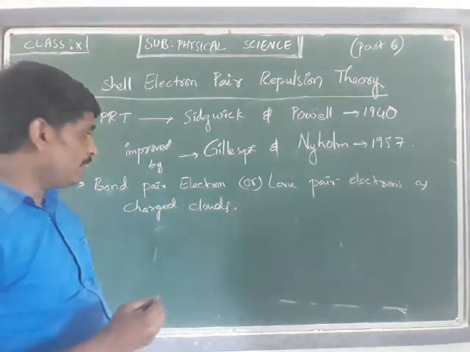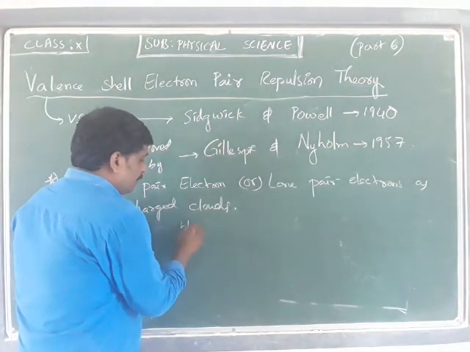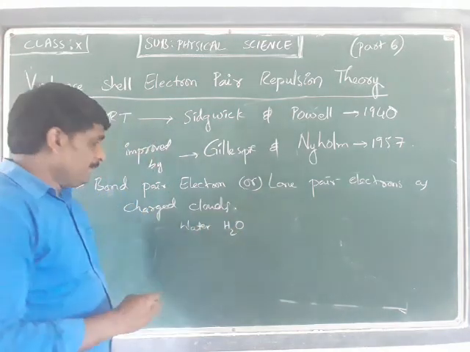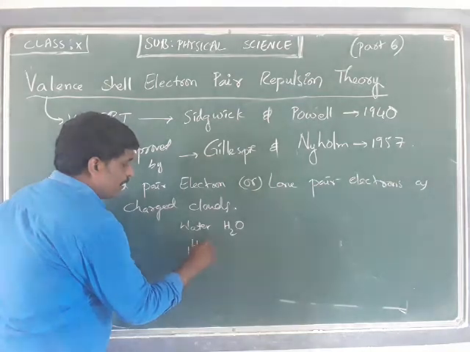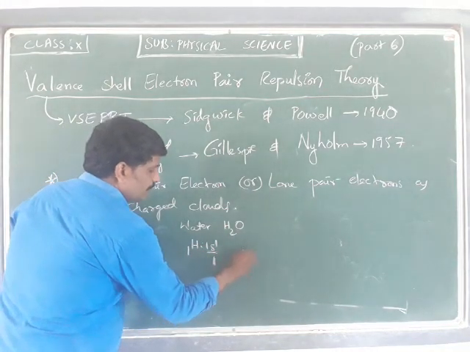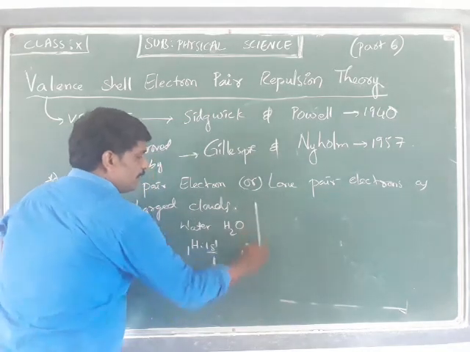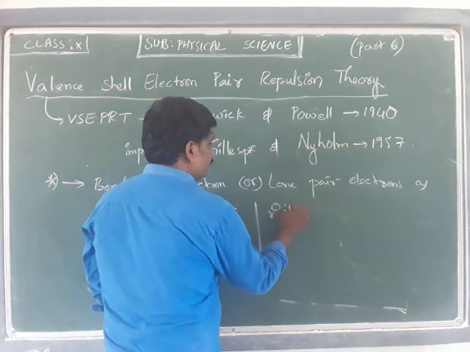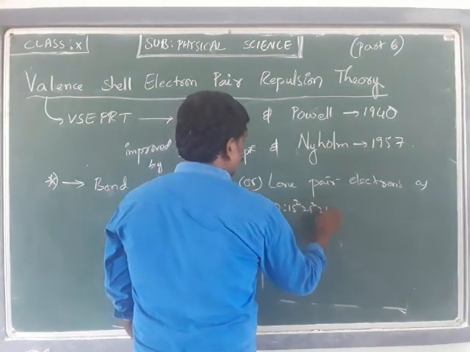In the water molecule H2O, the hydrogen configuration is 1s1, that means one electron in the outermost shell, so that is one dot here.